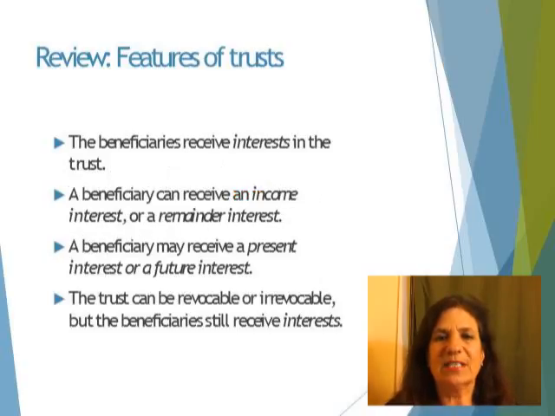Beneficiaries receive interests in the trust, and a beneficiary can receive an income interest or a remainder interest. It could be a present interest or it could be a future interest. The trust itself could be revocable or irrevocable. The beneficiaries still receive interests, and those interests, as we will see, have value.